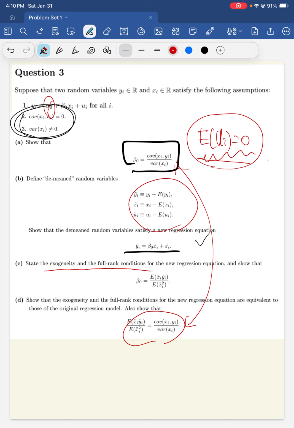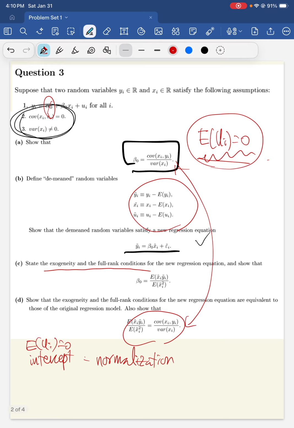So this implies, I explained what I wanted to say here. Intercept is normalization, right? So the error term is normalized to 0. So mean 0 error and intercept are just normalization. They just complement each other.